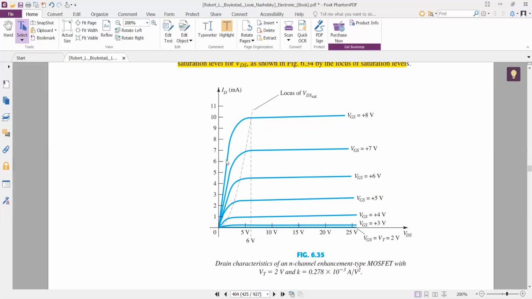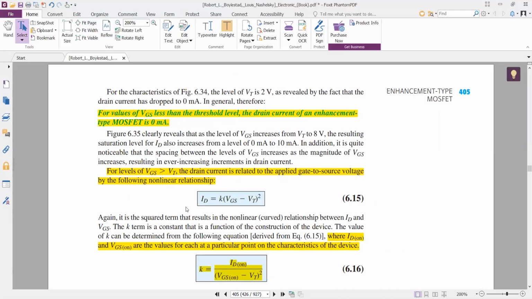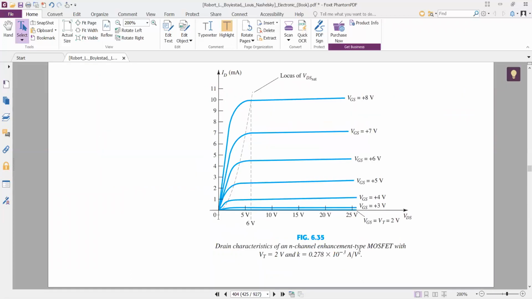The value of ID can be taken as ID on, and the value of VDS by dropping a perpendicular on the x-axis can be taken as VDS, while the VGS on is equal to this value.